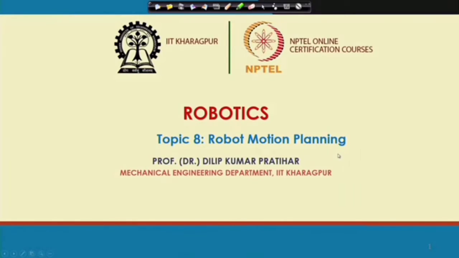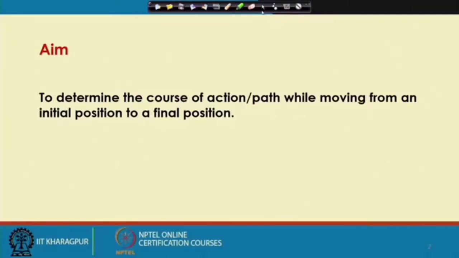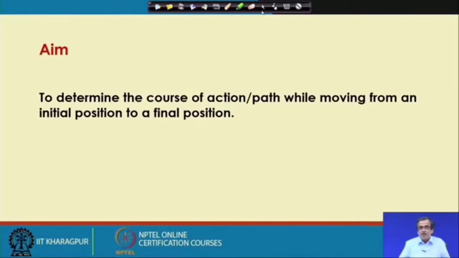In motion planning, what we do is we try to plan the motion, or find out the course of action, while moving from an initial position to the final position. Let me consider that this is the tip of the manipulator.